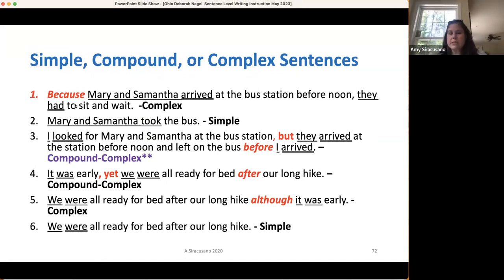So I tried to be really cognizant of using the red for the conjunction that we saw in the very beginning, and then underlining the doer and the do on both sides of the sentence to help teachers understand what types of sentences they are. So just know that will be in there as well. If I'm going too fast, you guys stop me. Okay. I got a thumbs up.